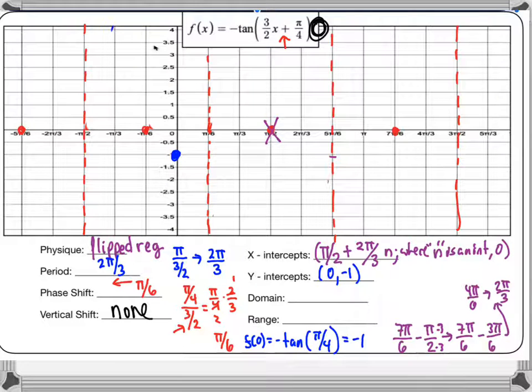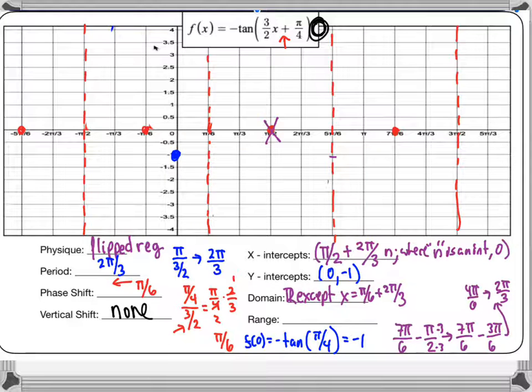Okay. For the domain, just like we did, we got all real numbers except x equals, and we take the first positive asymptote, which is going to be pi over 6. And then we're going to lift off that 2/3 pi from the last part that we did for the x-intercepts.